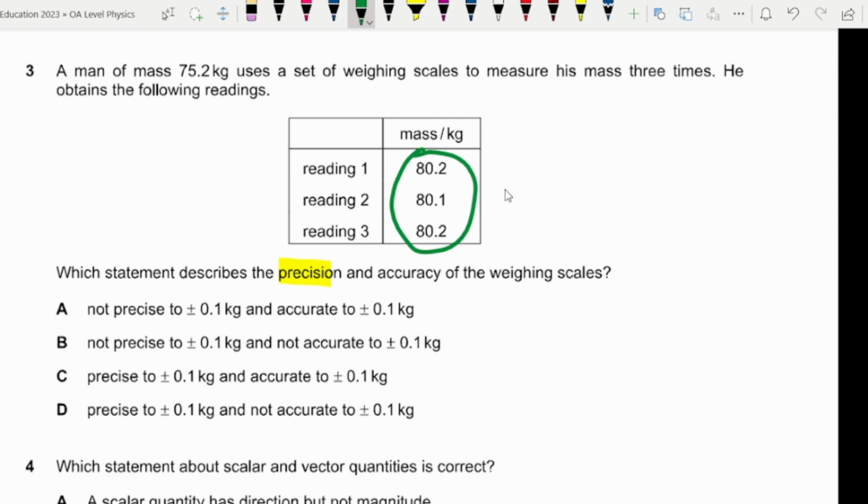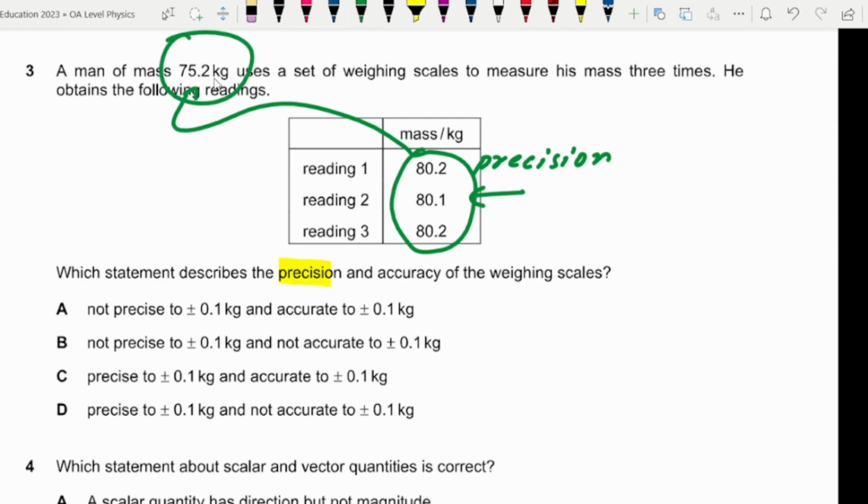And if these readings are close to the actual value, then the reading would be accurate. That's the only difference. Readings being close to one another, that would be precision for the given range, and reading being close to the actual value would be the accuracy.